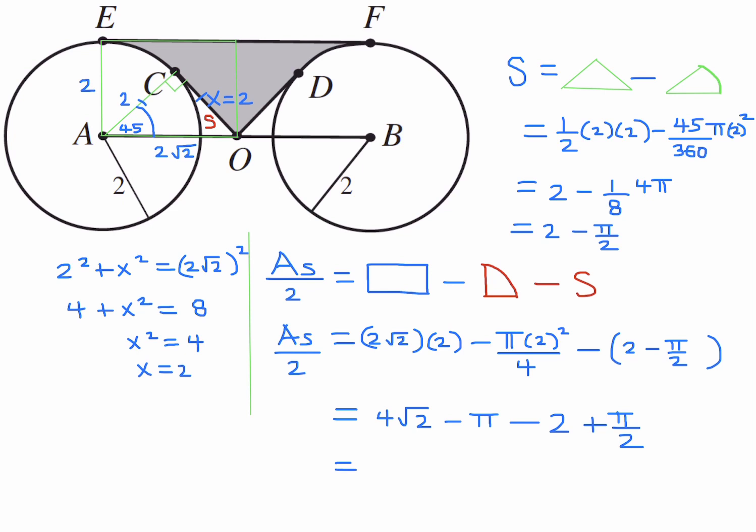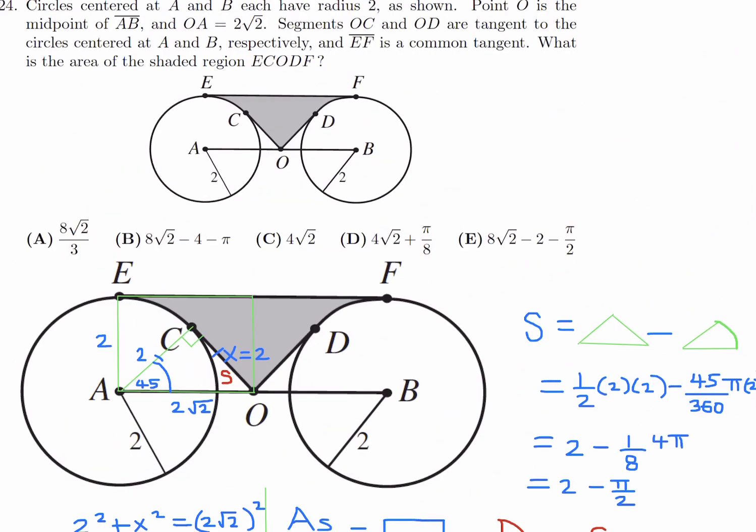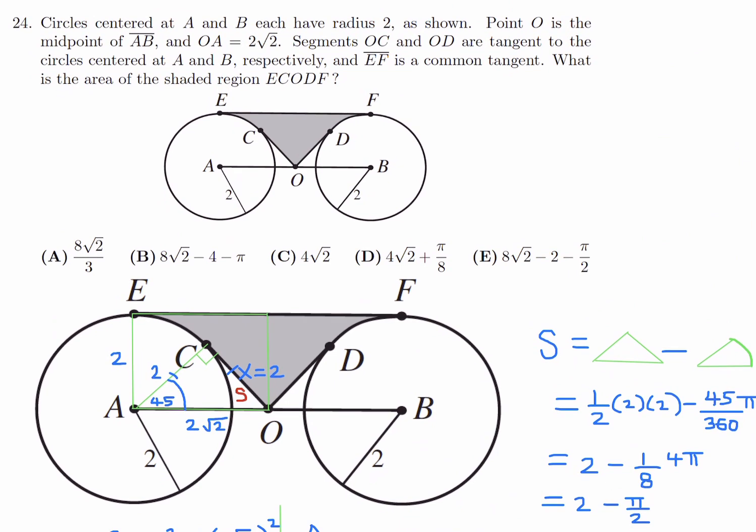So this looks like 4 root 2 minus 2 minus pi over 2. And that's AS over 2. And then finally, if you were to multiply through by 2, you get AS is equal to 8 root 2 minus 4 minus pi. And that would match choice B.